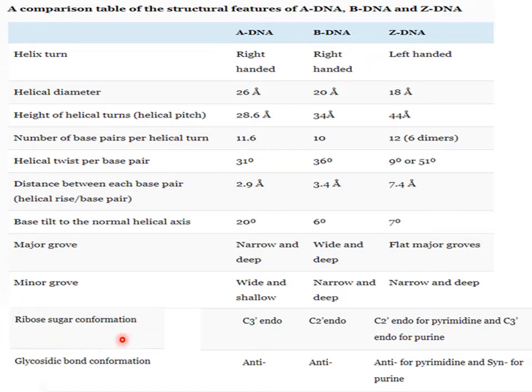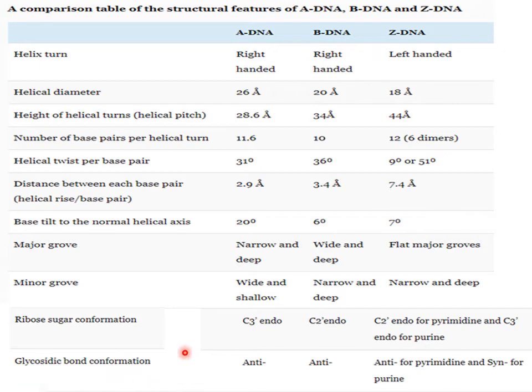The carbon pucker, that is the ribose sugar conformation, which is C3' endo in case of A-DNA, C2' endo in case of B-DNA, while in case of Z-DNA, that depends on whether it is pyrimidine or purine.